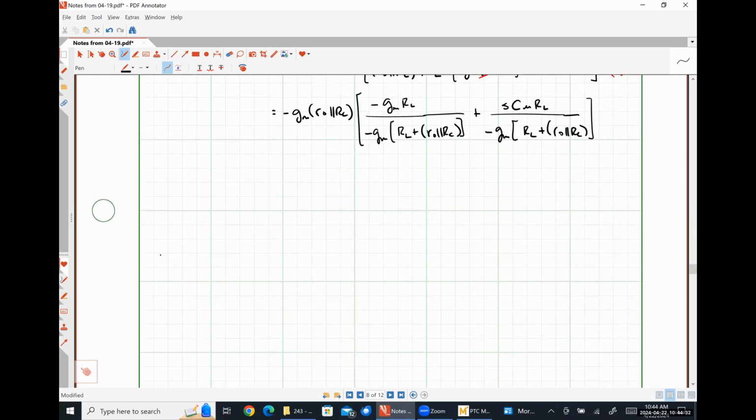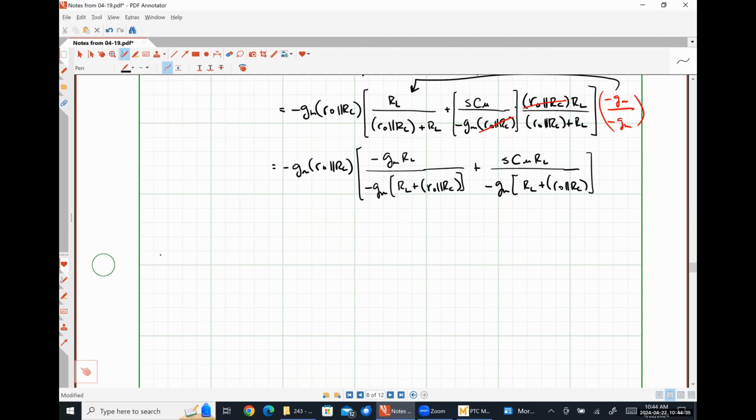All right, so our zero is going to occur whenever that big expression in the brackets is literally equal to zero, right? We would just solve for the f value that makes that happen.